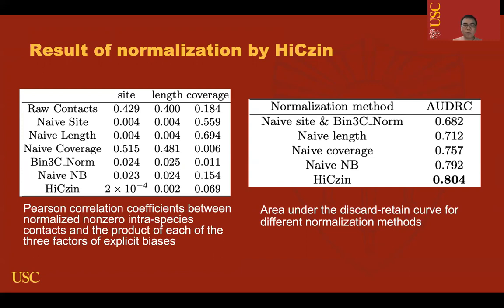Naive negative binomial method is similar to our HiCzin normalization method, but uses the negative binomial regression and ignores the excess zeros. We can see that our HiCzin method has a better performance than all other methods for both correcting explicit biases and detecting the spurious contacts.